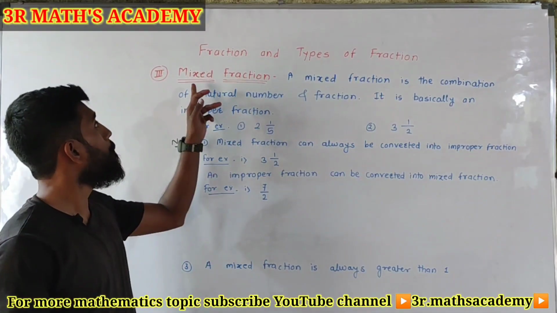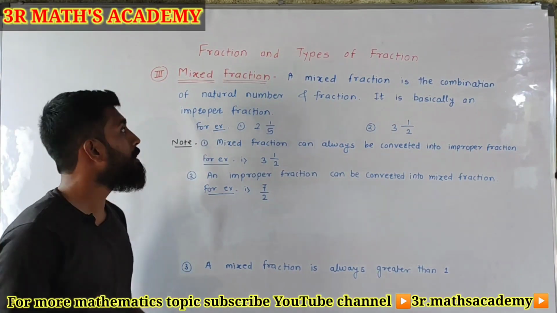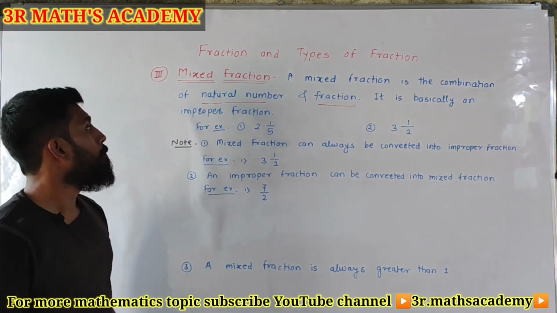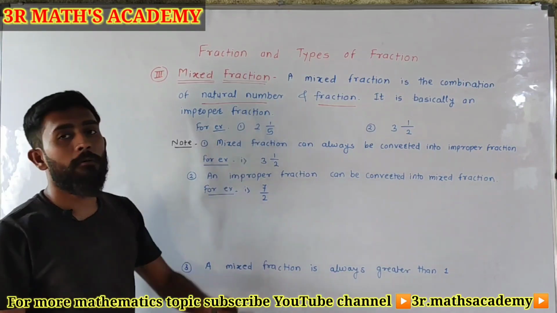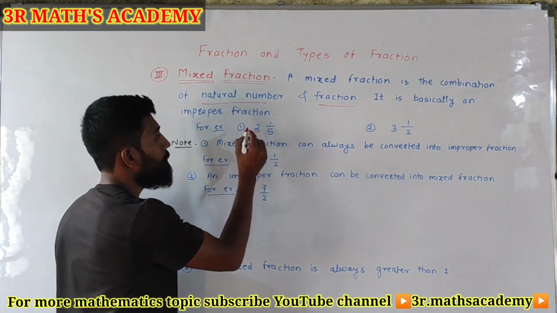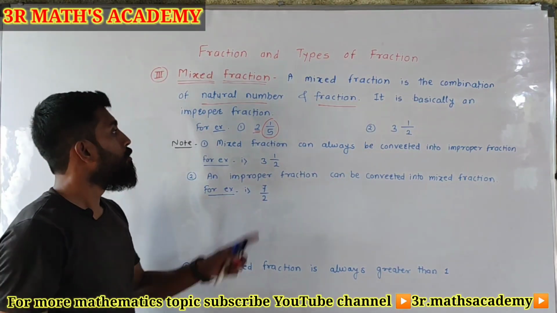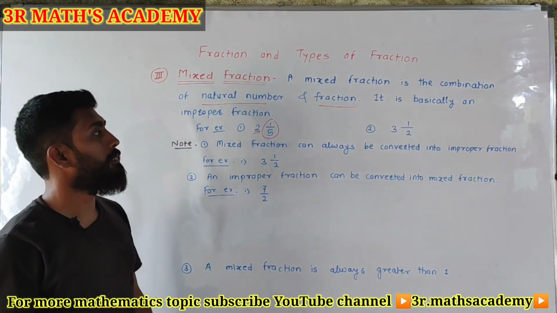Now the third type of fraction is the mixed fraction. A mixed fraction is a combination of a natural number and a proper fraction. For example, 2, 1 upon 5. Here 2 is a natural number and 1 upon 5 is a fraction.